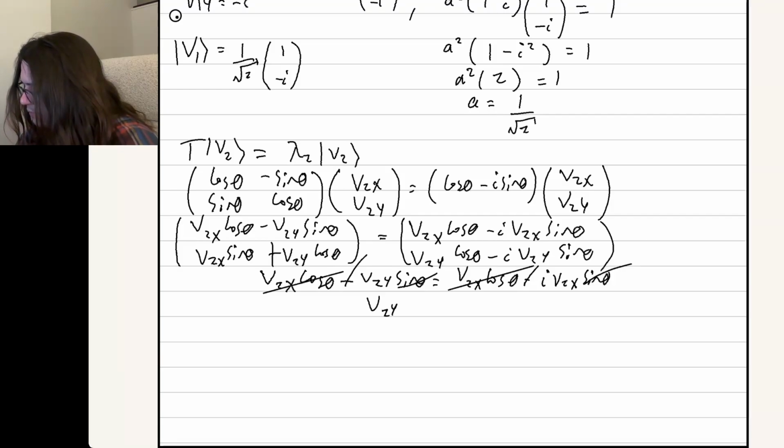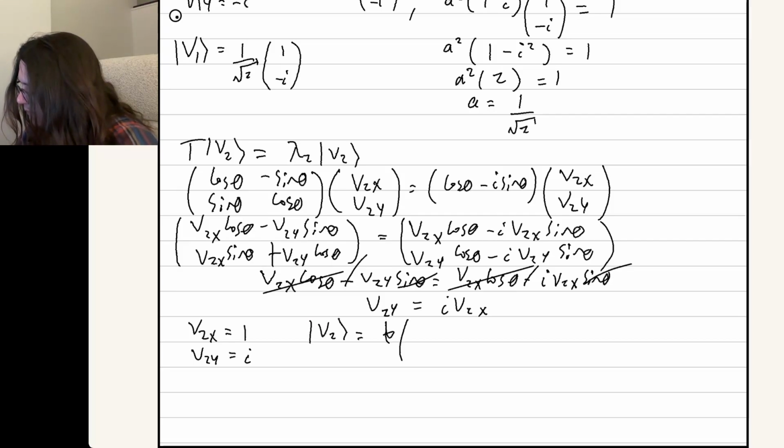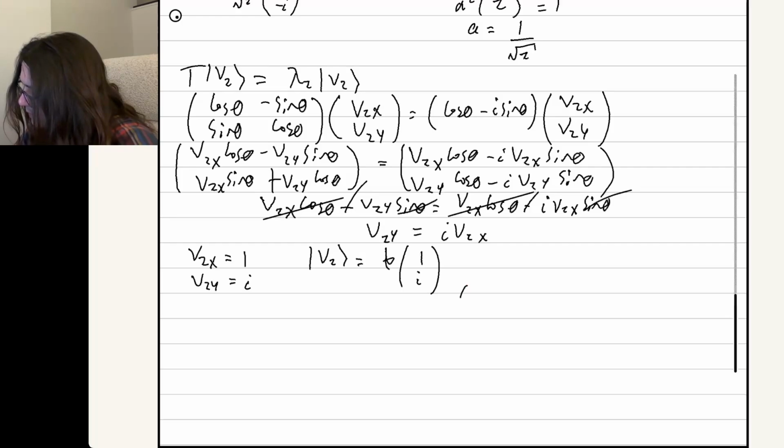So we have v2y equals i v2x. We can set v2x to 1, so that v2y will be i, and so v2 is as of yet unnormalized eigenvector 1, i, and then we can just do the normalization bit.